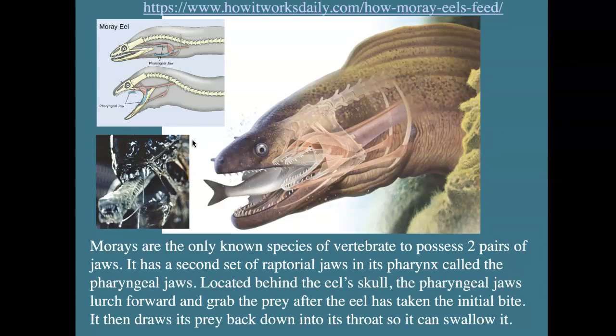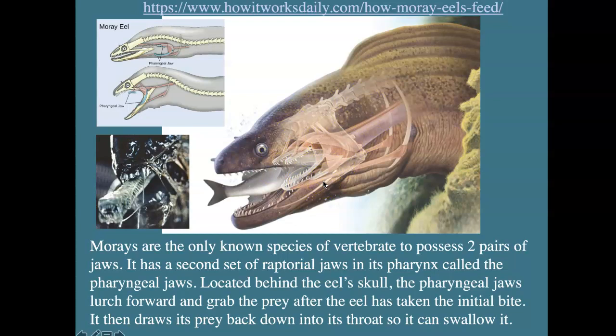Now, I cannot talk about moray eels and not talk about the fact that they just recently discovered that moray eels are like straight out of the movie Alien. And that's because they found that they have this second pair of jaws, these internal jaws.